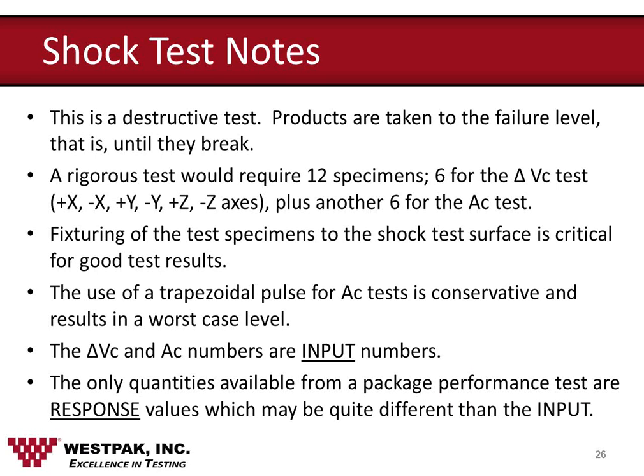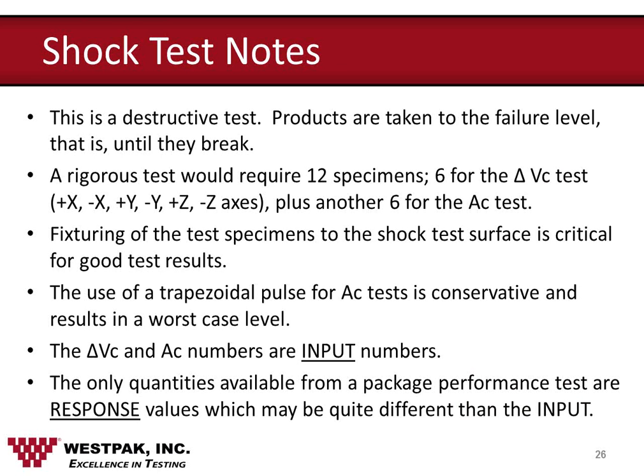It's also worthwhile noting that the use of the trapezoidal pulse for critical acceleration testing is conservative. I mentioned this before. This means that the package system designed with this testing may be somewhat conservative and perhaps over-designed.